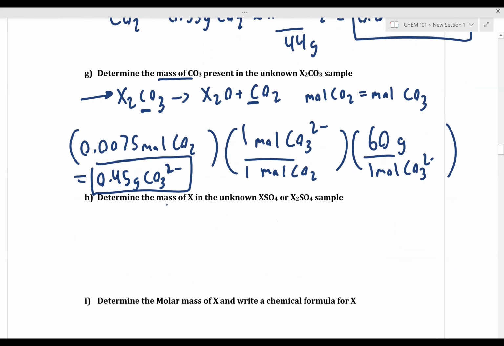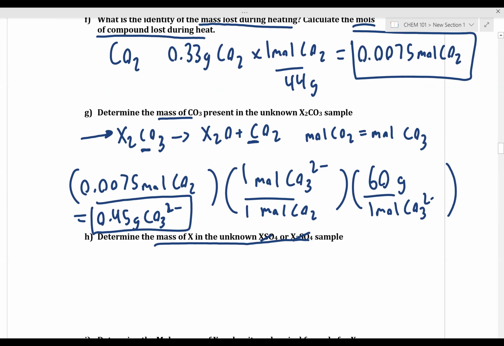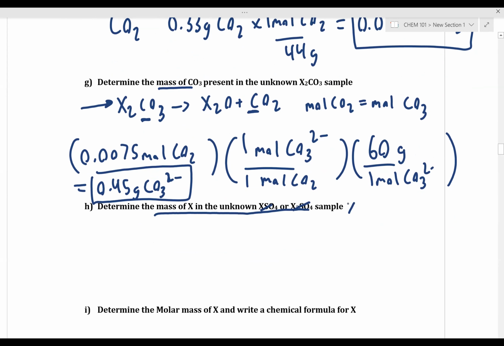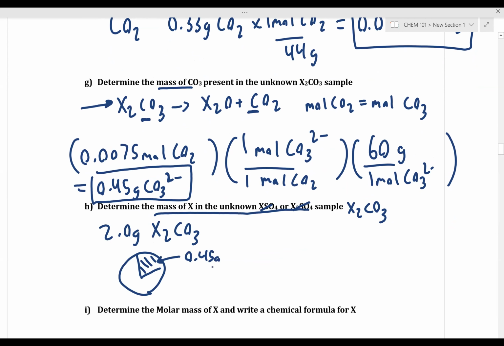Now, we're asked to determine the mass of X in our sample and in our unknown carbonate. Sorry, this is a typo. So, given that we have 2.0 grams of our carbonate, if we make a pie chart, some portion of our mass, in this case 0.45 grams, is our actual carbonate.